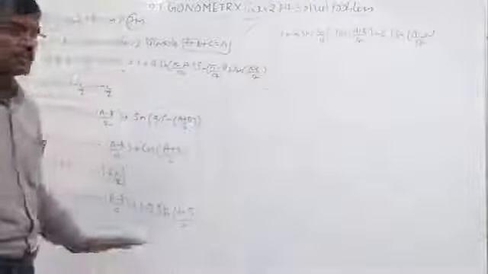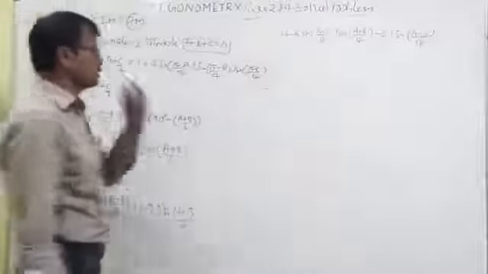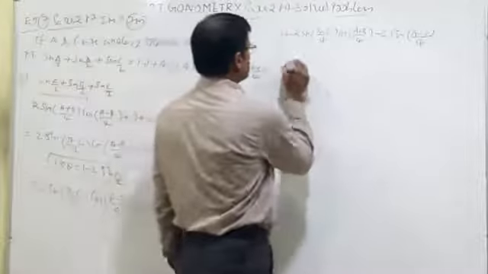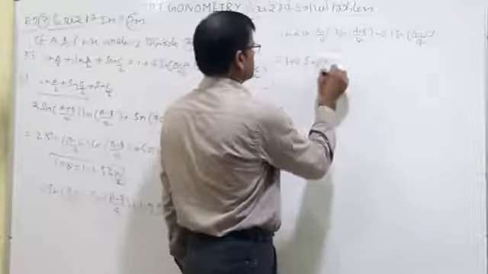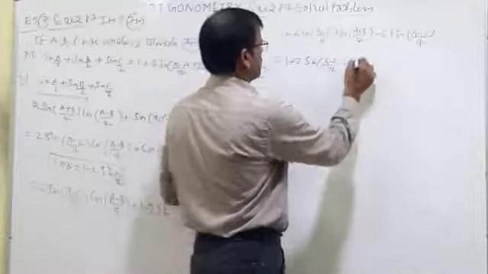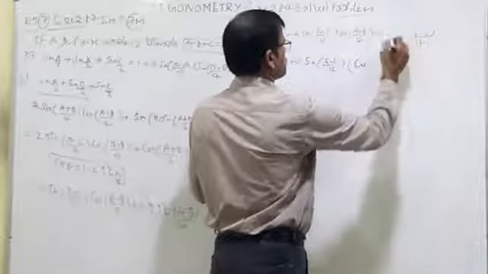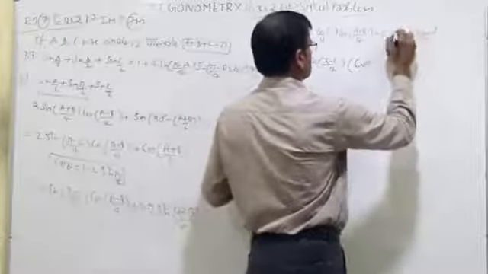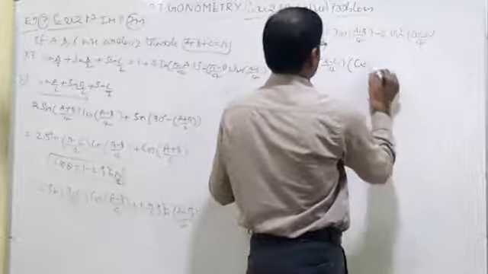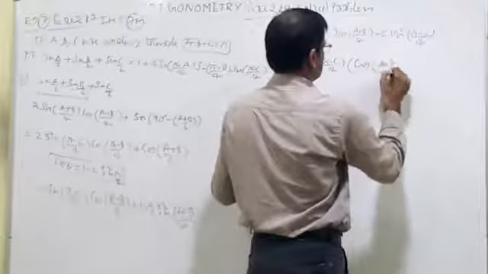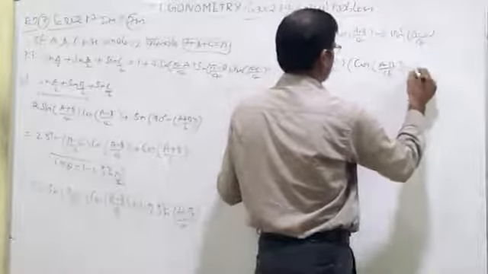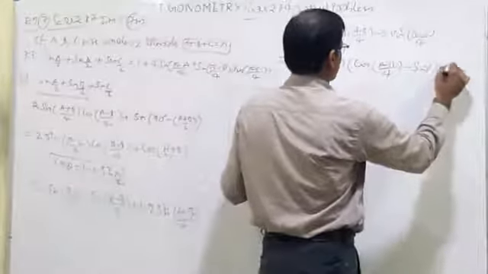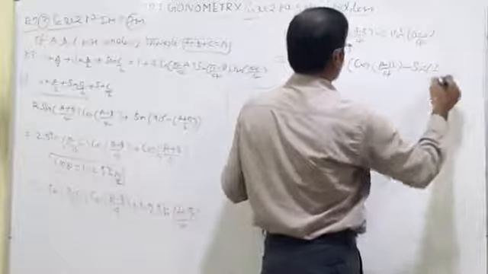Don't bother about the denominator, I am applying only for the numerator. That is equal to 1 plus 2 sin of (pi minus C) by 4, you should take common, because here it is a square. This is the sin square. So cos of (A minus B) by 4 minus sin of (pi minus C) by 4.